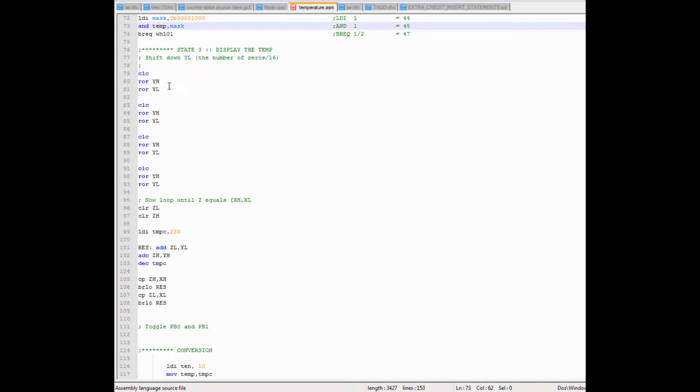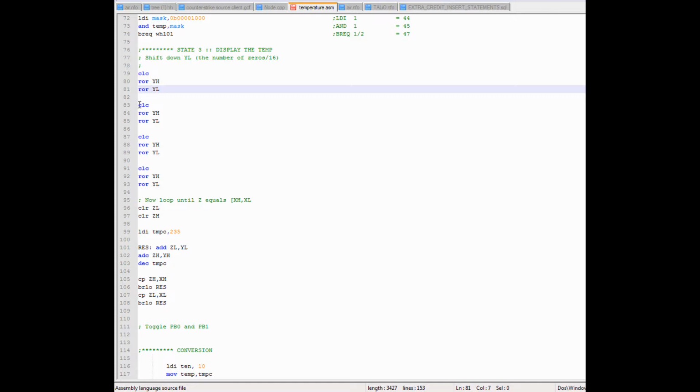4 times. ROR, R-O-R, is a shift right, but it rolls over into the carry bit, and we do that because the Y register is split up into these two, the high bits and the low bits. We want to carry over the least significant bit in the high register to the most significant bit in the low register, so that way we don't lose that bit.